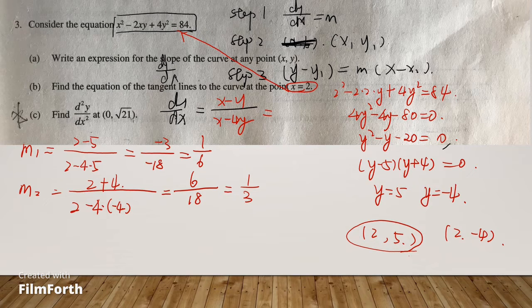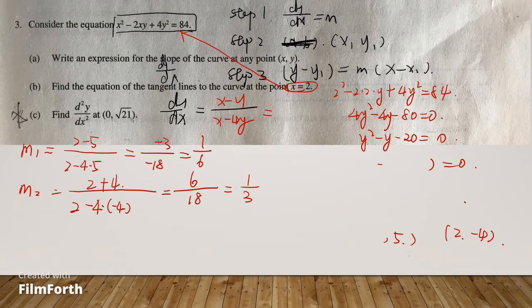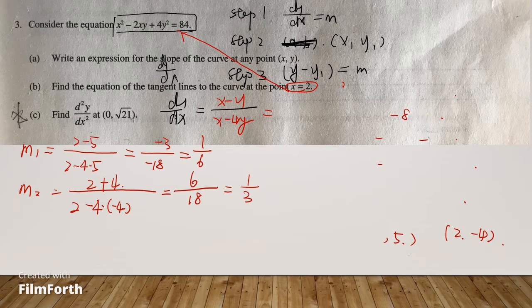We need more room. Okay, so use the formula. Use point slope formula to find our equation of the tangent line.